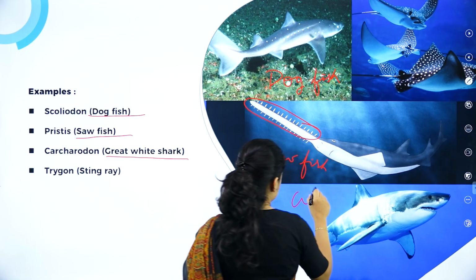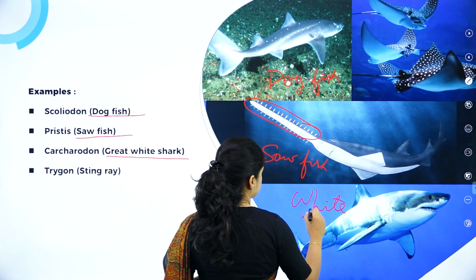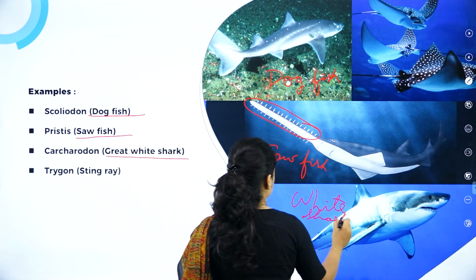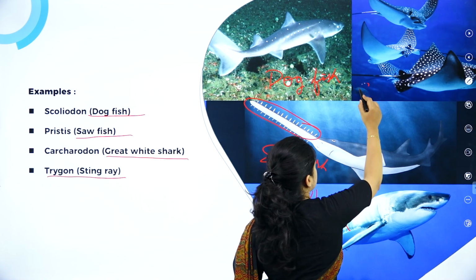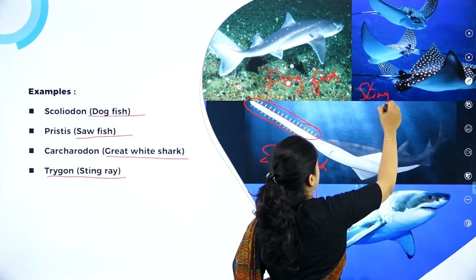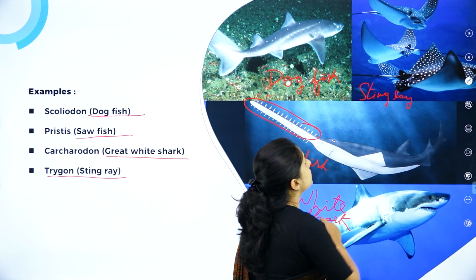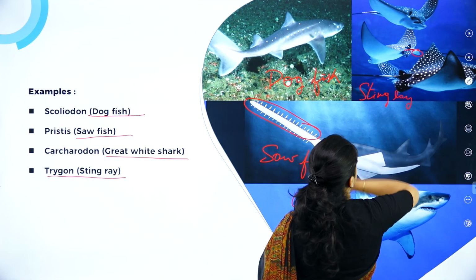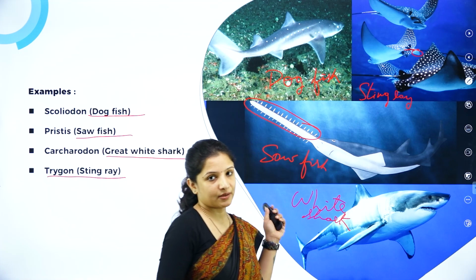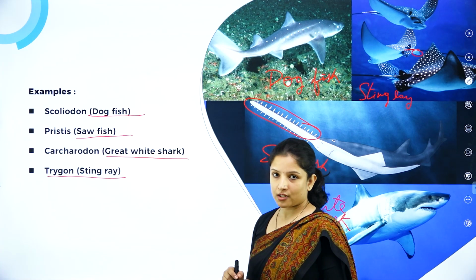So this is the white shark. And Trigon, which is stingray. This is stingray. If you carefully look, you can see the poison stings that they have. So these are some of the examples for chondrichthyes.